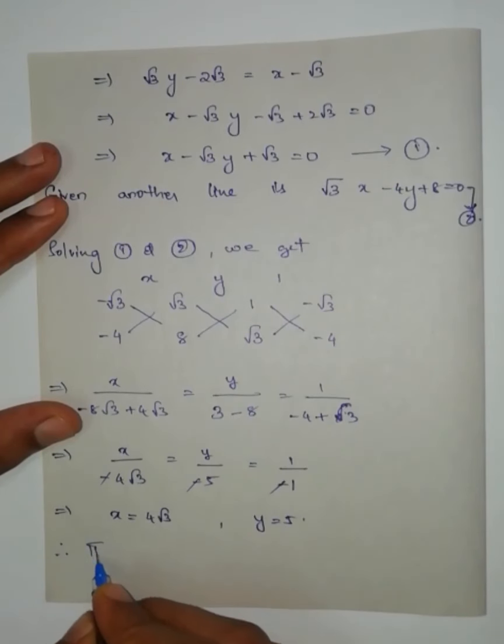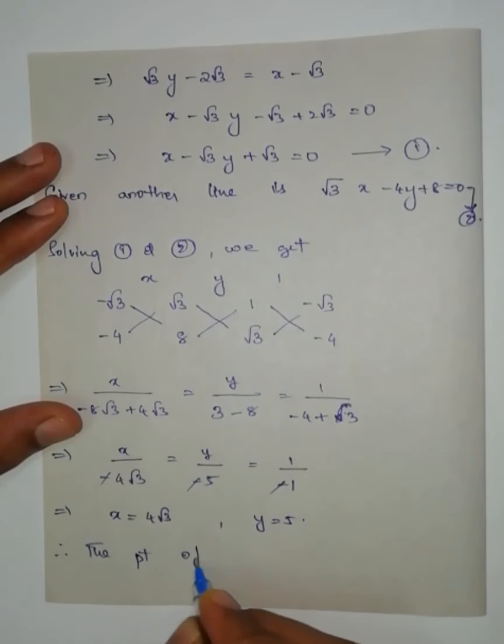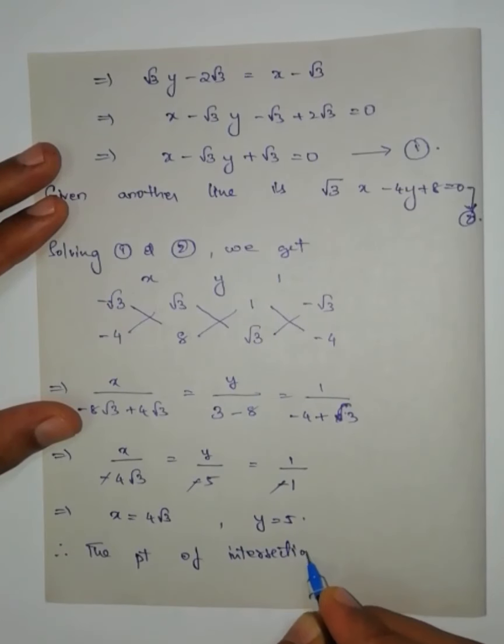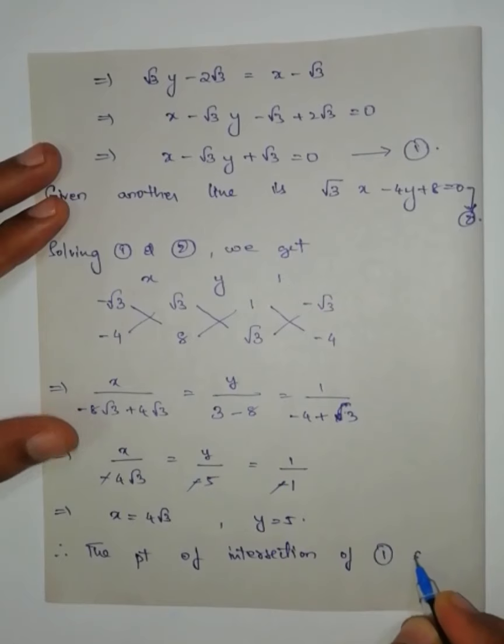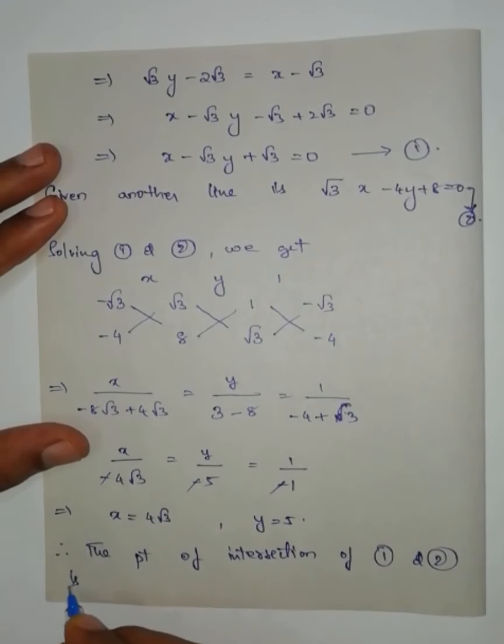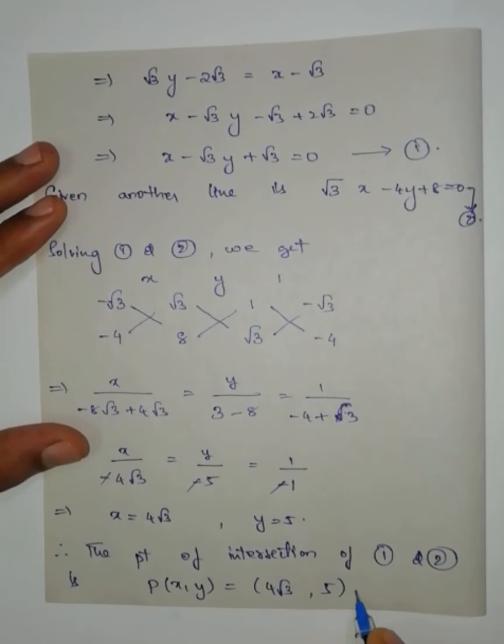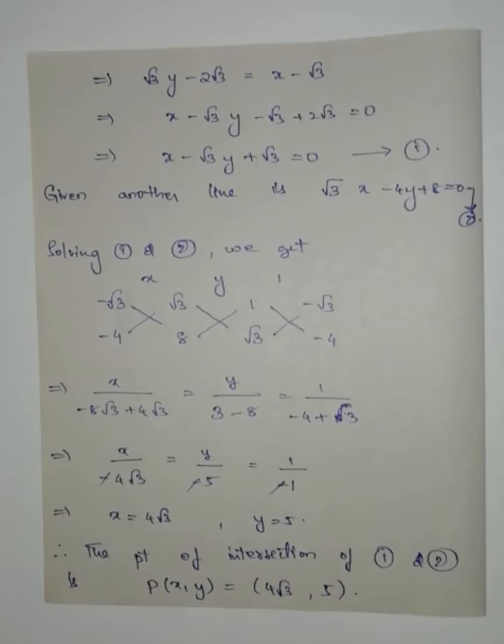Therefore the point of intersection of 1 and 2 is P of x comma y, which is nothing but 4 root 3 comma 5. Now we have to find the distance between PQ.